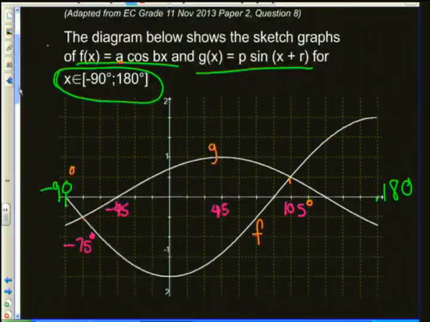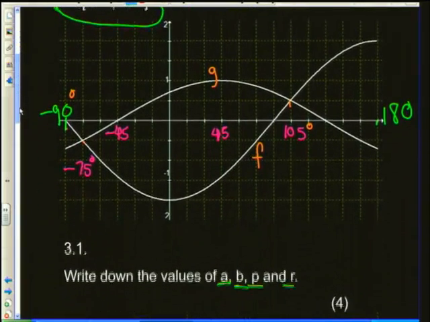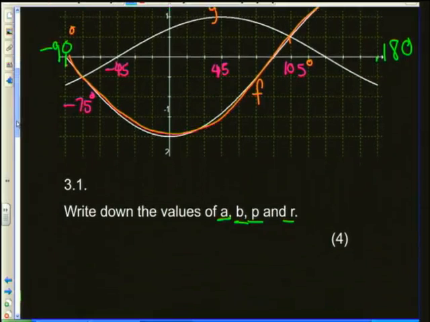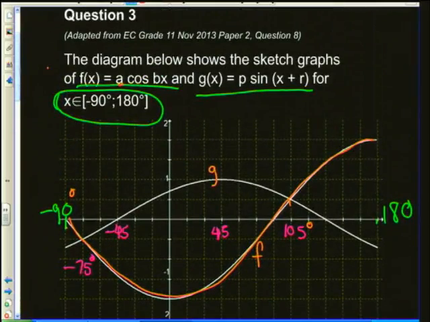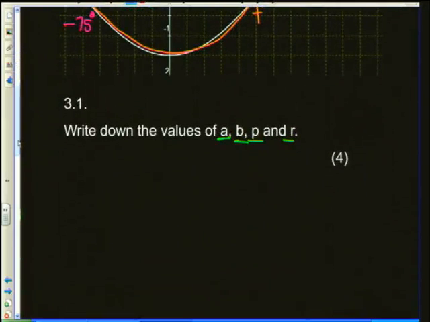Right, so if I want to work out what A is equal to, if you look at this F graph here, it is actually the cos graph, okay? But it's been reflected over the x-axis. So that means that my A, which is the amplitude of my graph, instead of it being a positive number, it's going to be a negative. A negative what? That point there is negative 2. Okay, so my A is simply negative 2.